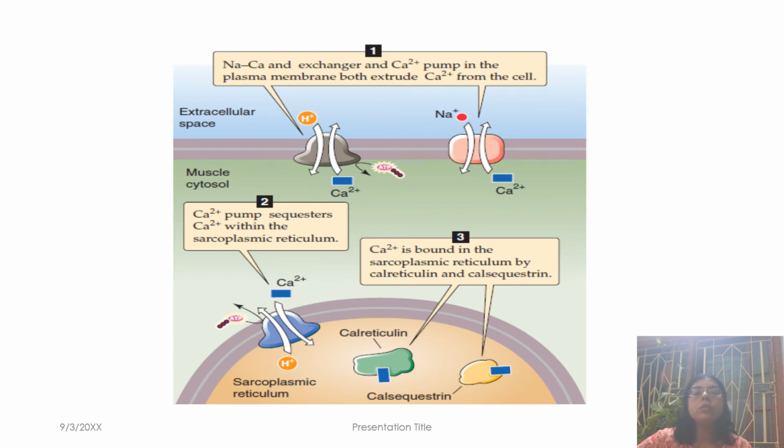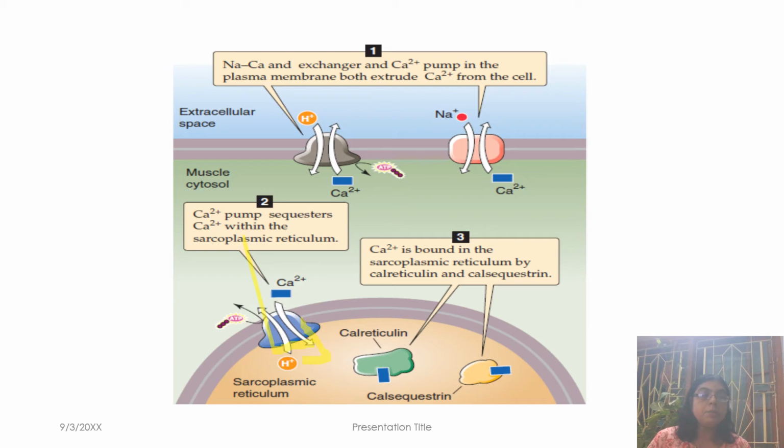Calcium is reduced in the sarcoplasm by means of 2 or 3 pathways, but the most important pathway is the calcium reuptake into the sarcoplasmic reticulum. So how is this reuptake done?